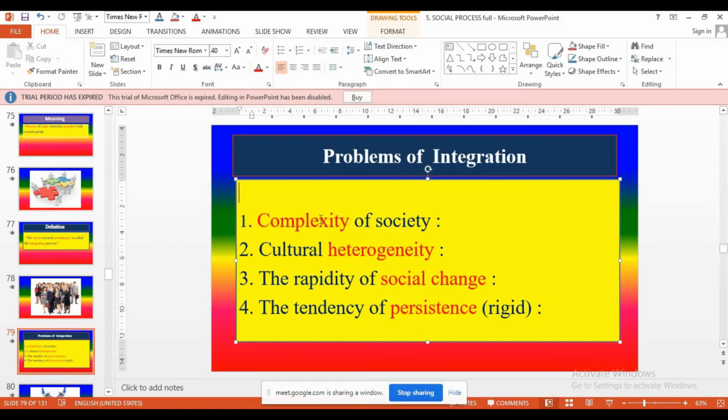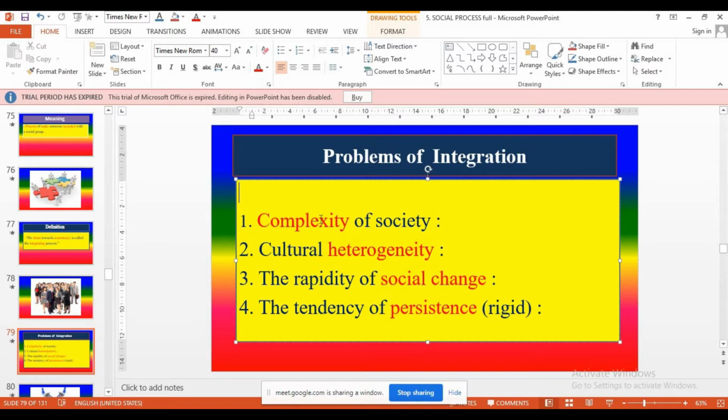Modern society has become complex due to modern technology: computerization, mechanization, industrialization, which leads to problems for integration.